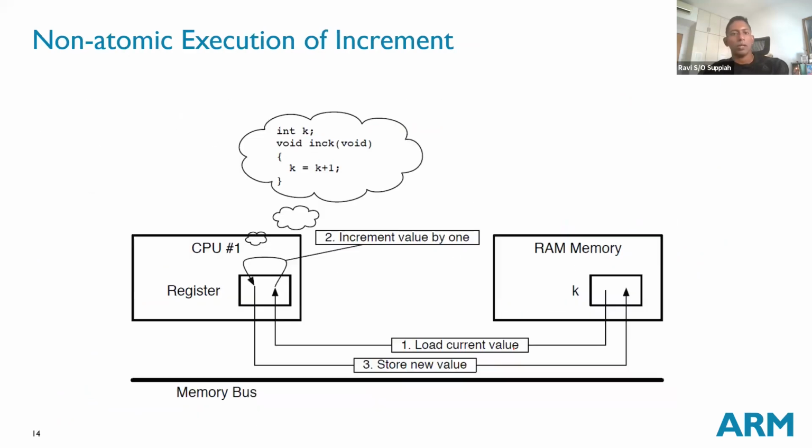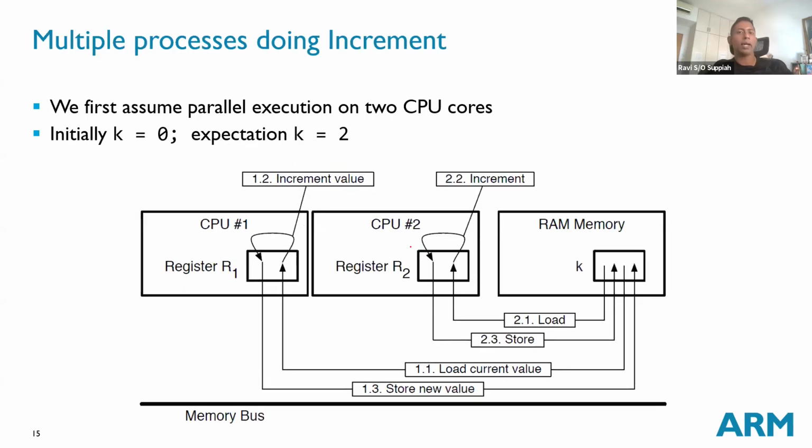In a single threaded system, you only have a single task. The CPU here you can think of as just task 1 or thread 1, where I load the value, increment, and store back into memory. Now let's look at it in the case of 2 tasks.